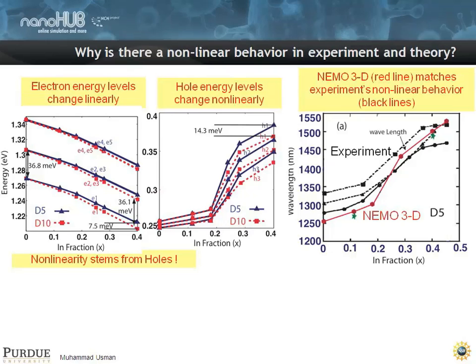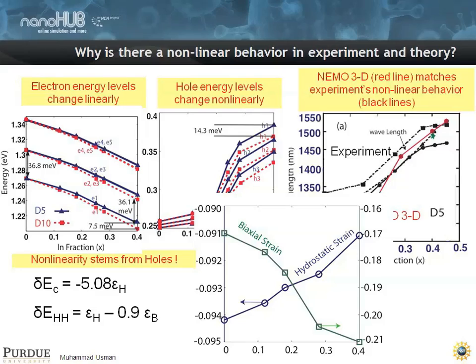But the hole states move rather nonlinearly. You can ask yourself, why is that? The conduction band states are pretty much just functions of the hydrostatic strain, and they move linearly, so the hydrostatic strain must be rather linear. The hole states, the heavy hole states, depend on the hydrostatic strain and the biaxial strain. Therefore, the biaxial strain must be very nonlinear.